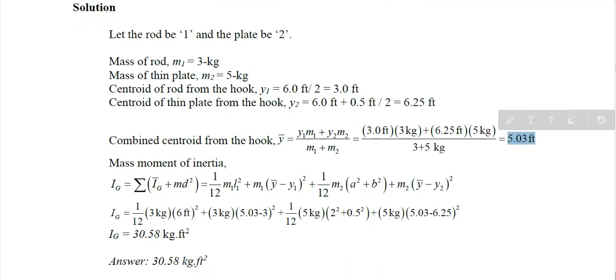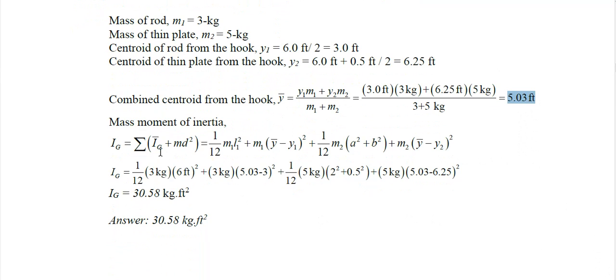Then how do we find the mass moment of inertia of the whole section? First, this portion is the mass moment of inertia of the rod about its own center, perpendicular to this page, plus m d square. Then this is the mass moment of inertia of the plate about its own centroid, passing through this page, plus m d square.